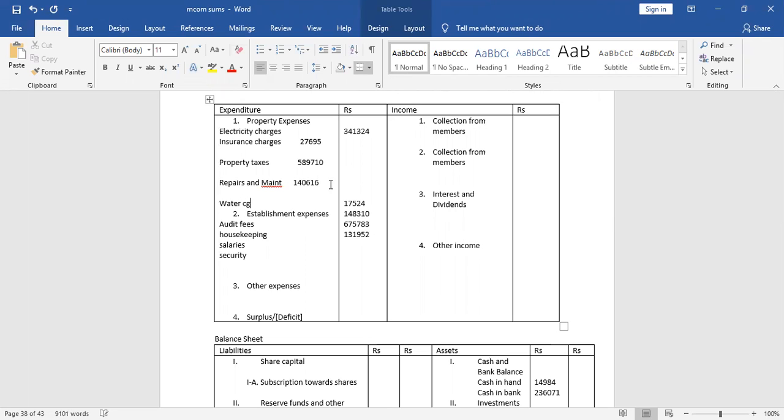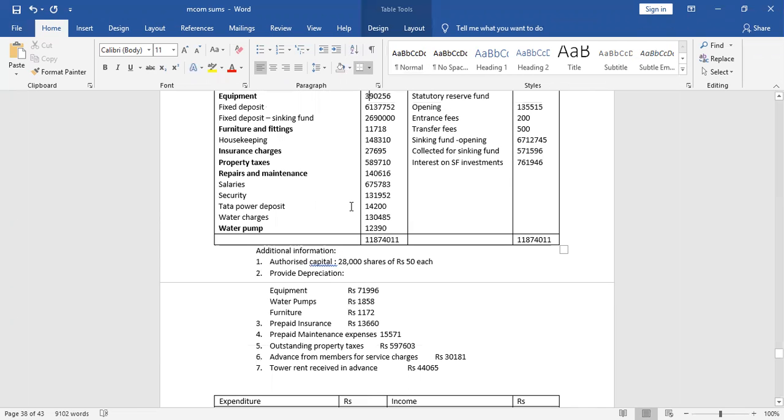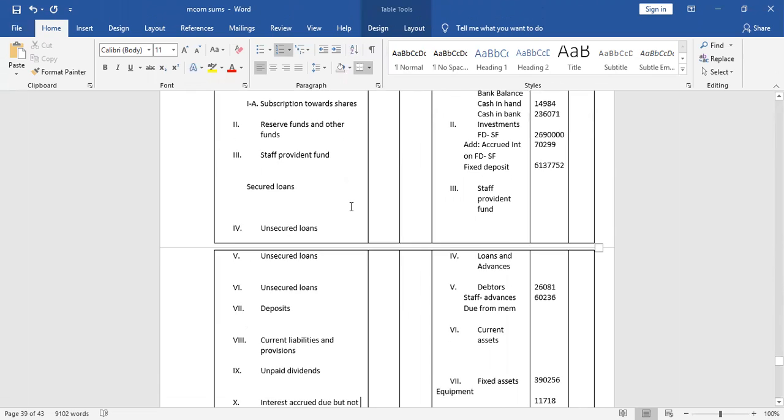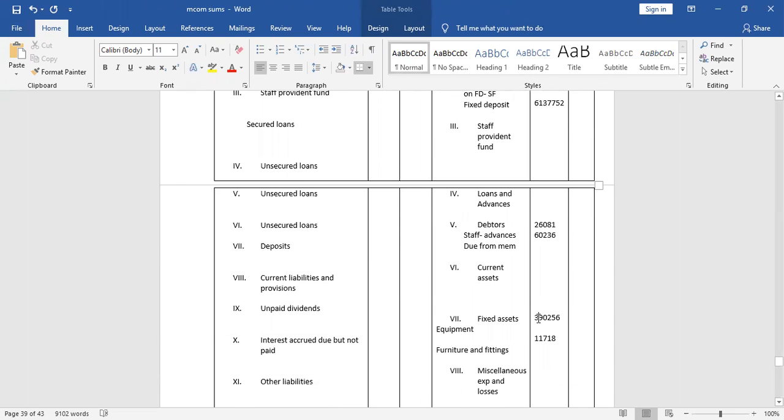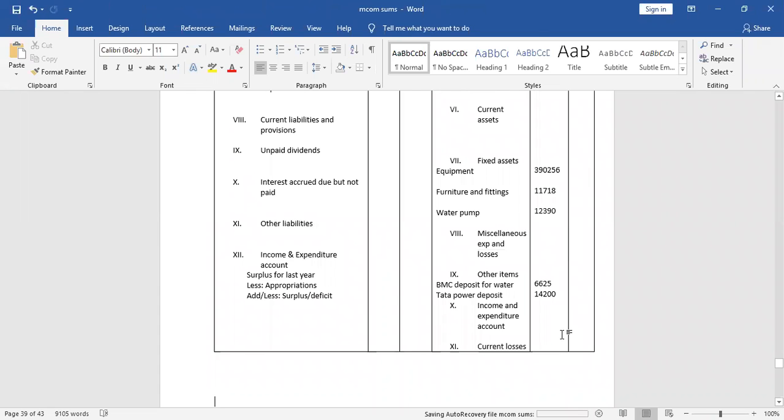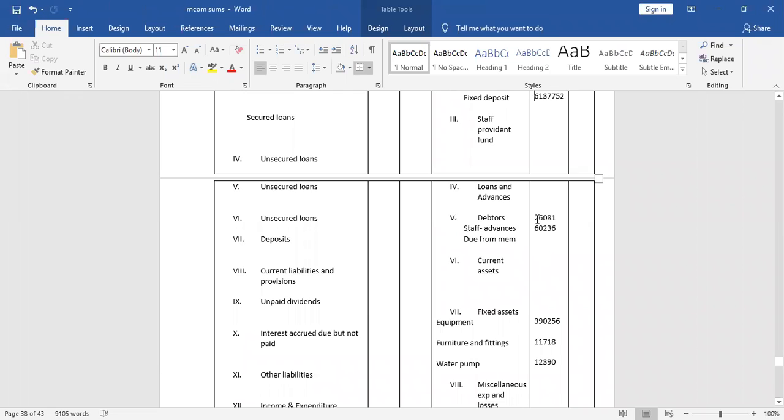Water charges, no adjustment. Water pump asset, there is an adjustment, 12,390. Leave one line. Water pump 12,390.